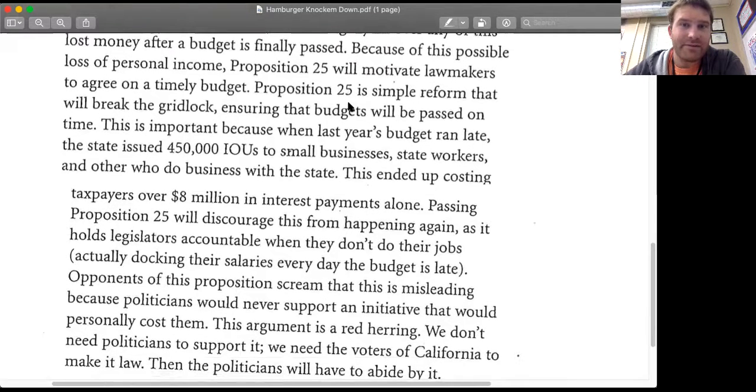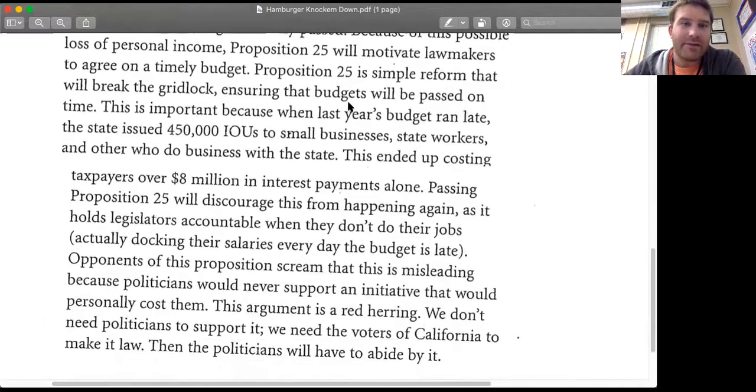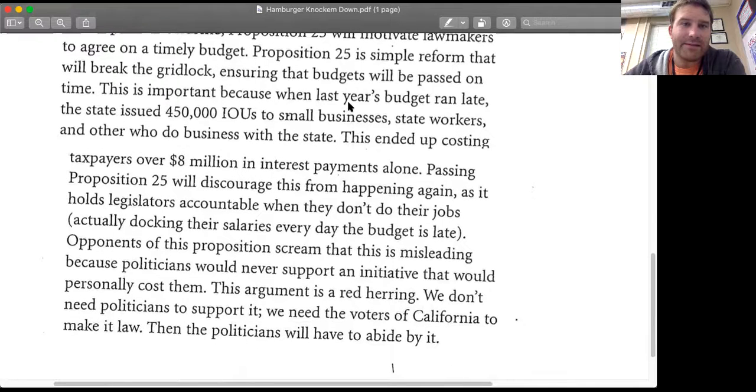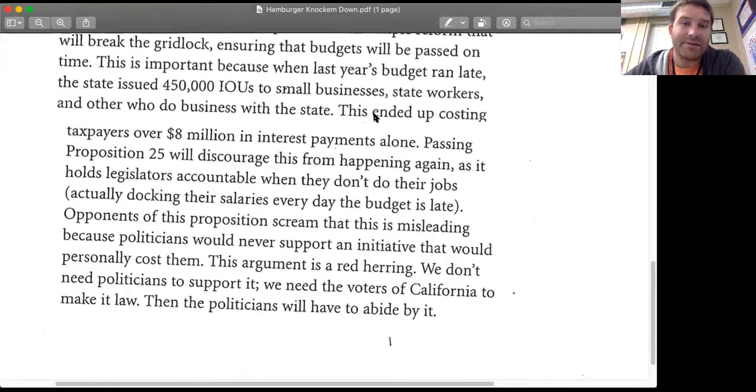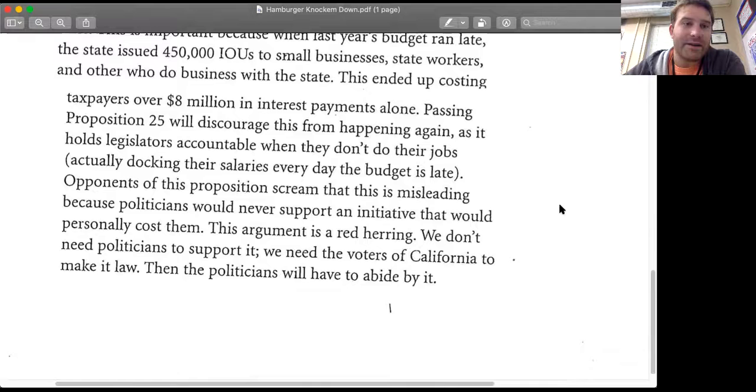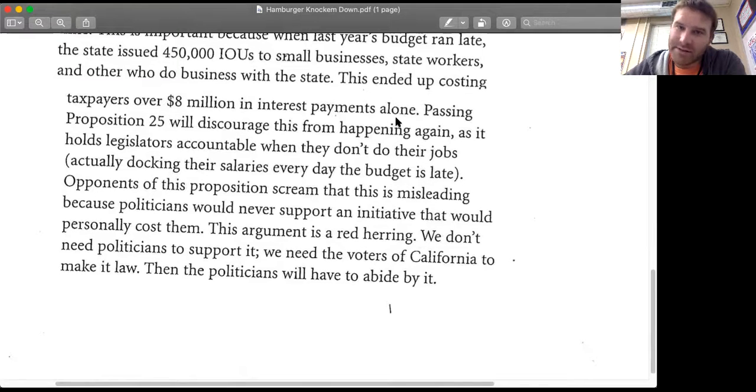Proposition 25 is simply a reform that will break the gridlock, ensuring the budgets will be passed on time. This is important because when last year's budget ran late, the state issued 450,000 IOUs to small businesses, state workers, and others who do business with the state. This ended up costing taxpayers over $8 million in interest payments alone.